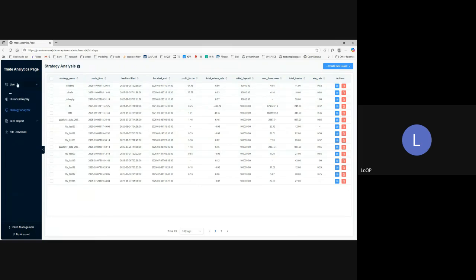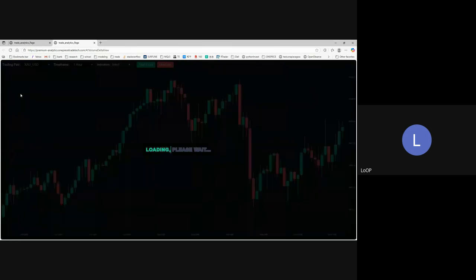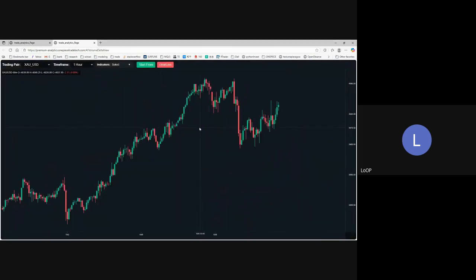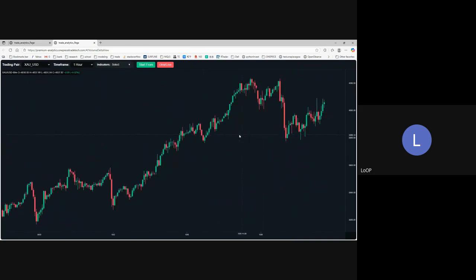Today we'll focus on the live data feed, or the live chart. This is our core functionality, our main offering to our members. This is a live chart of the price. We try to make our UI as simple and intuitive as it can be.